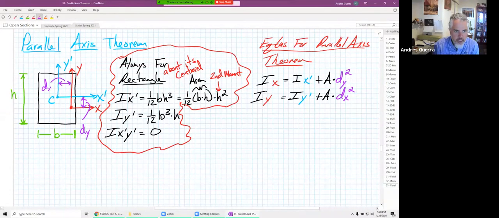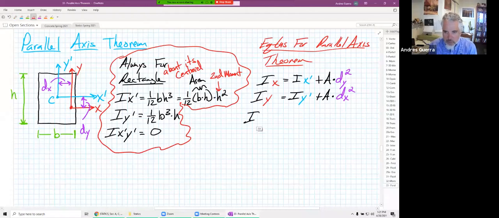So there's our d sub x. So that means we can use the parallel axis theorem. If we know our 1/12 equations, we can find what the moment of inertia is of that rectangle about any other axis that's out there.